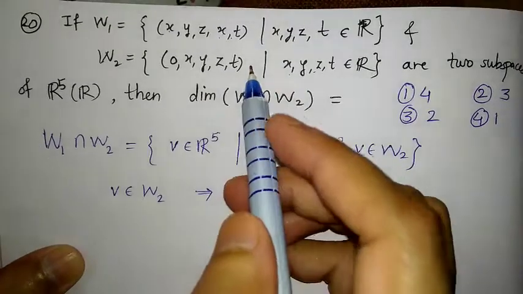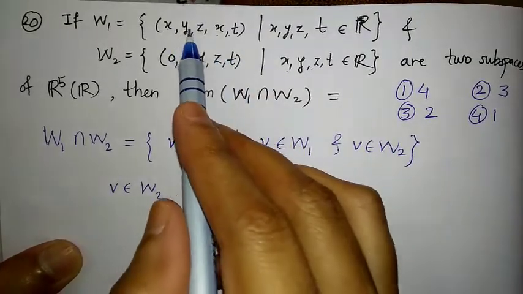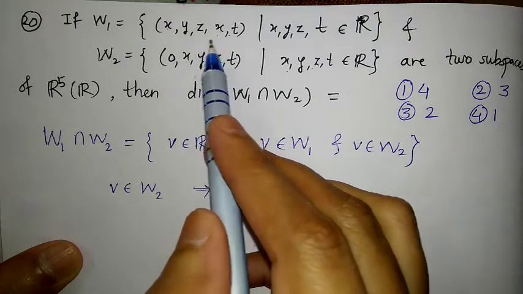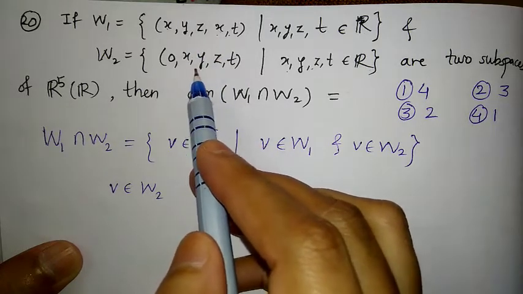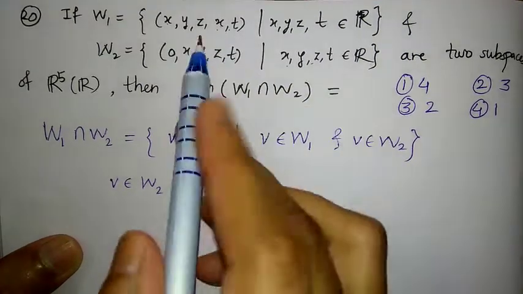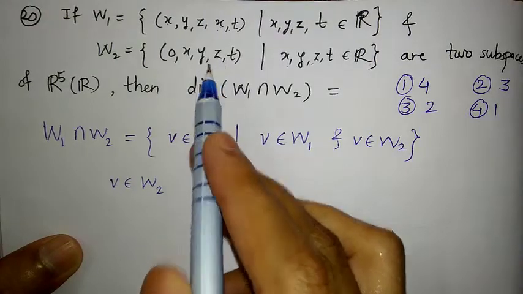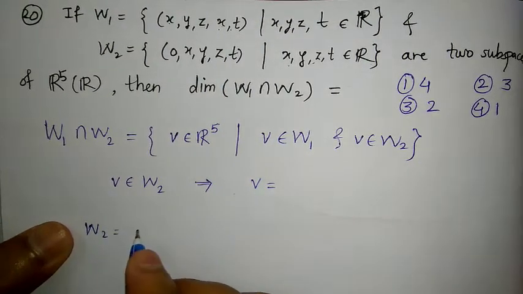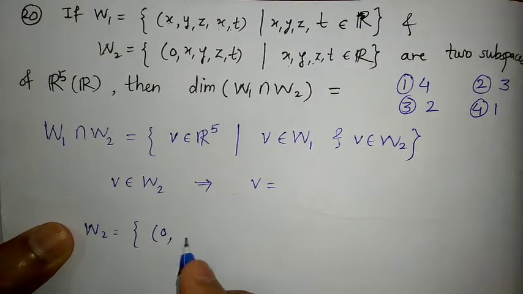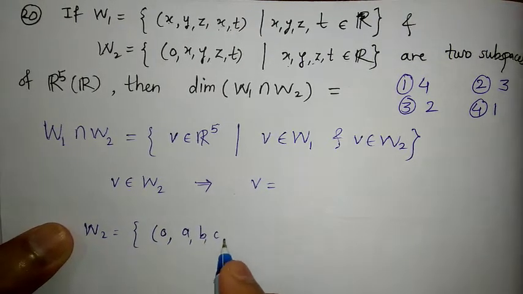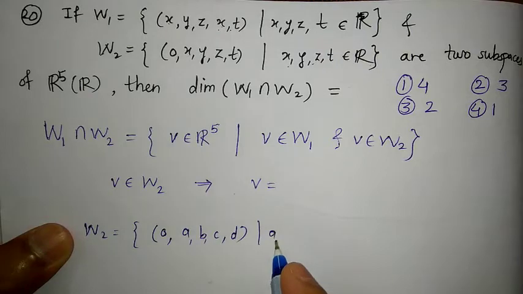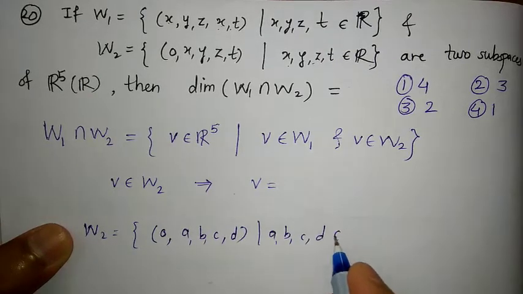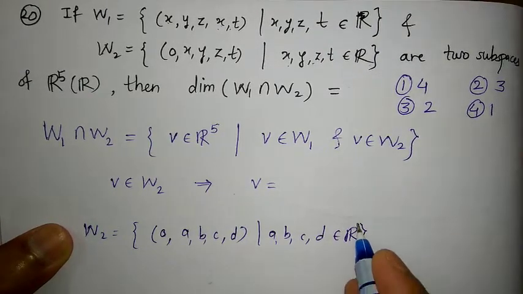Now an important note is that this x, y, z, t need not be the same as the x, y, z, t in W1. So for simplicity let us replace these by A, B, C, D. So this is 0, A, B, C, D, where A, B, C, D are real numbers.